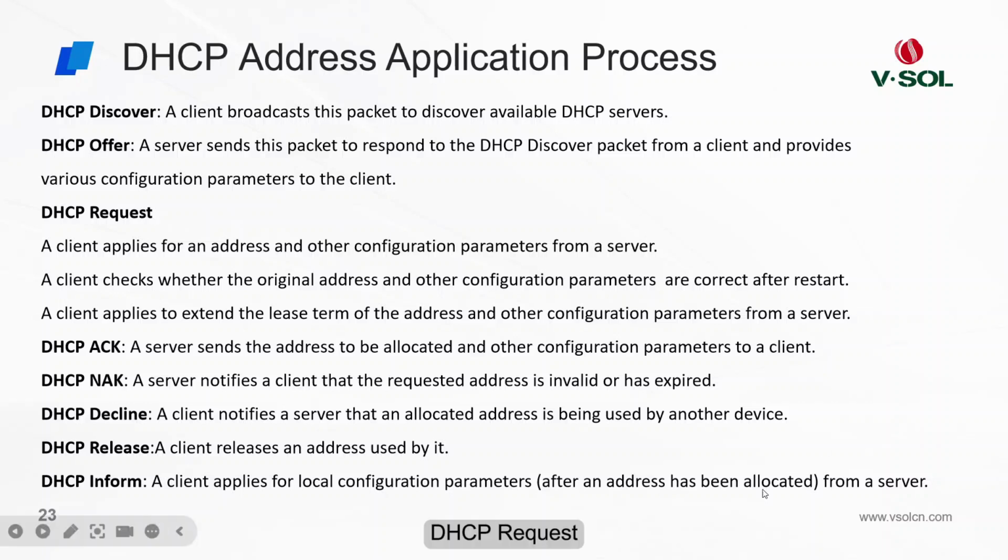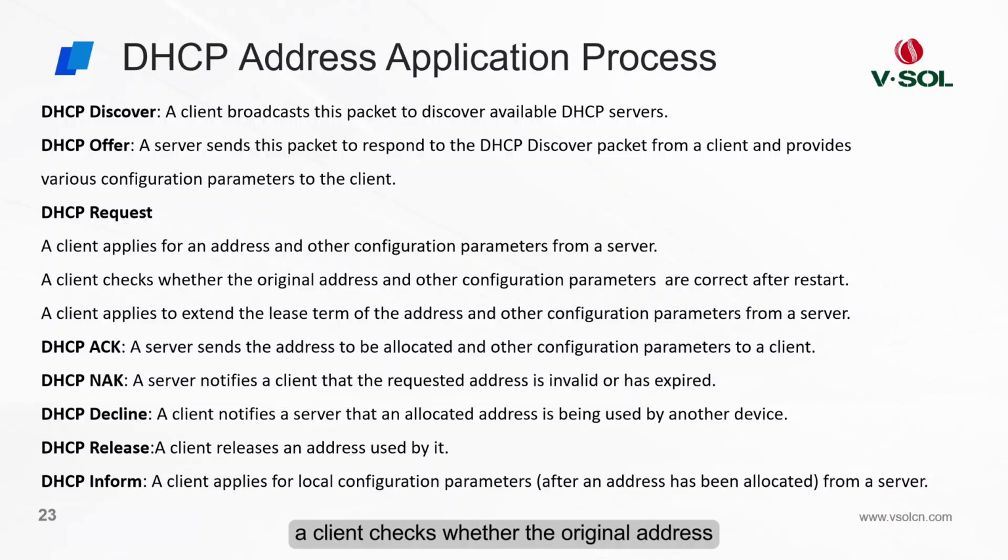DHCP Request. A client applies for an address and other configuration parameters from a server. A client checks whether the original address and other configuration parameters are correct after restart. A client applies to extend the lease term of the address and other configuration parameters from a server.